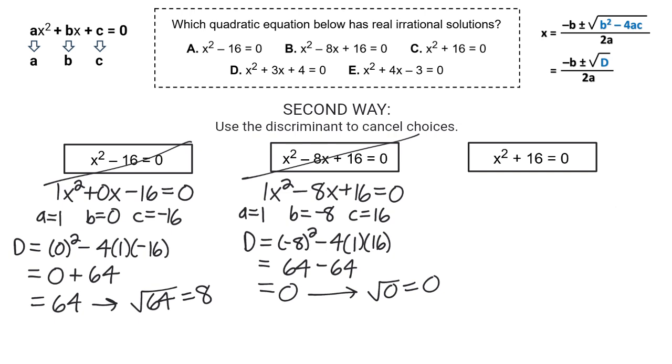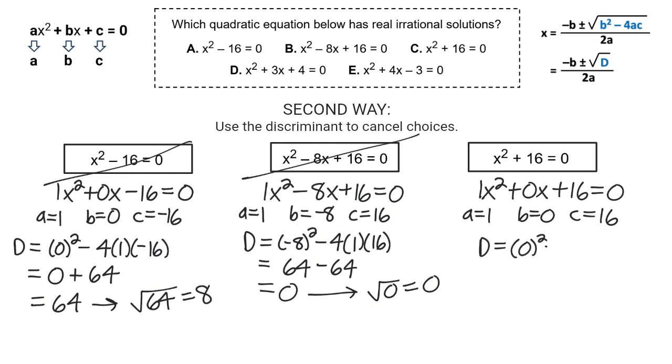Like I said, I'm trying to look for the one that's going to give me real irrational solutions. So this is going to be 1x squared plus 0x plus 16 equals 0, where a is equaling 1, b is equaling 0, c is equaling 16. And so the discriminant is going to end up being 0 squared minus 4 times a times c.